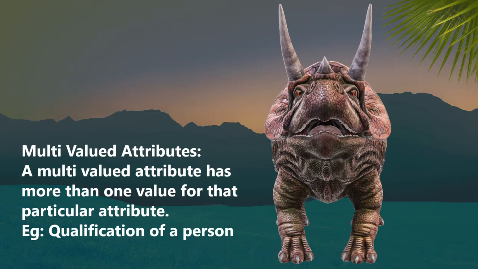So the degrees may vary according to the person. This attribute will take more than one value at a time. Sometimes a person might have studied only 10th standard, or sometimes 12th standard, or sometimes UG, PG, or higher studies. So the qualification of a person can be known as a multi-valued attribute.